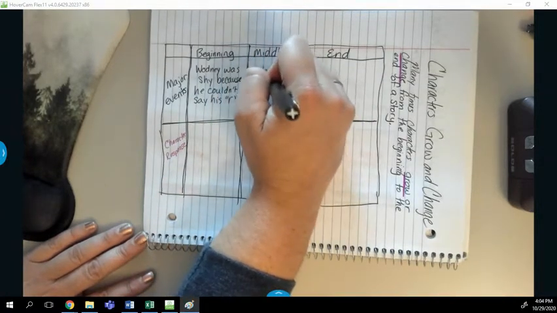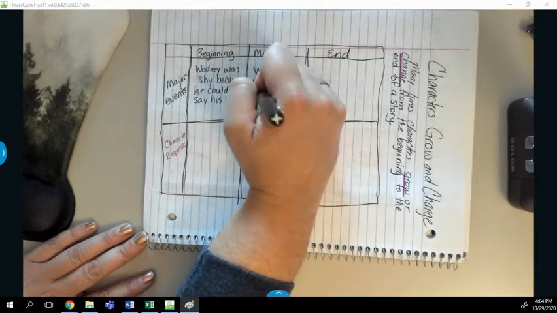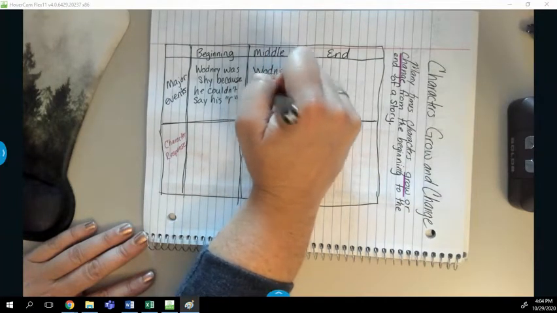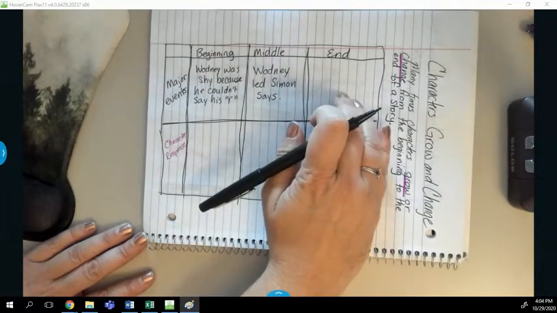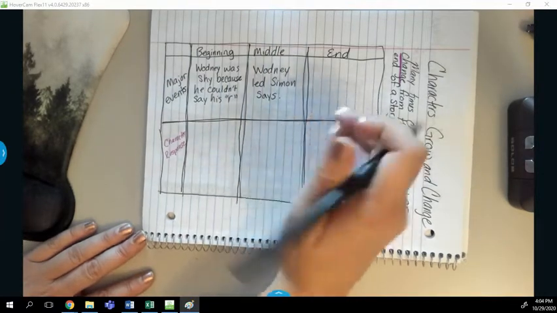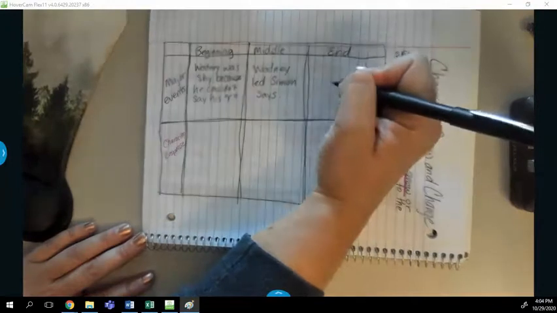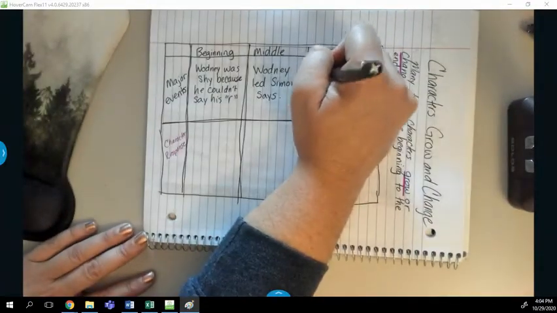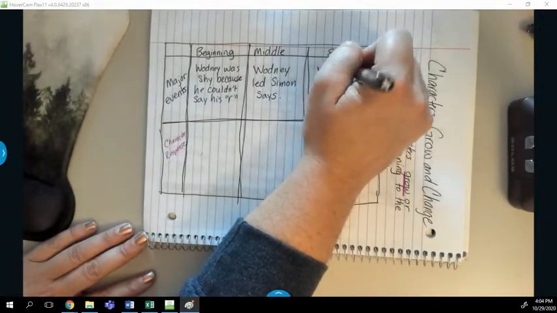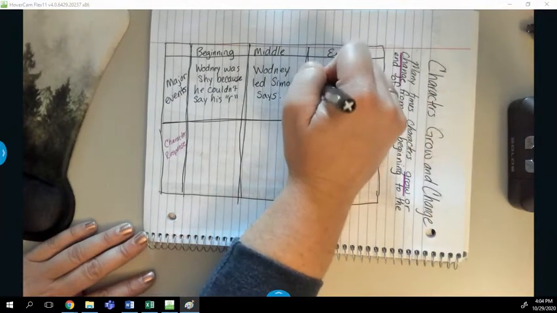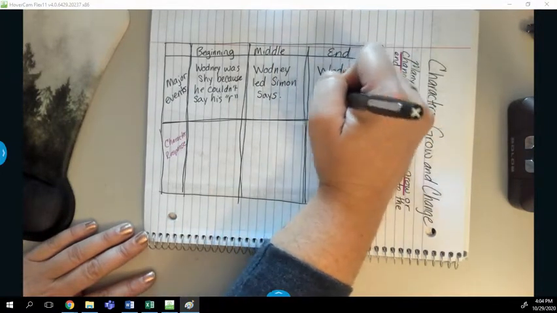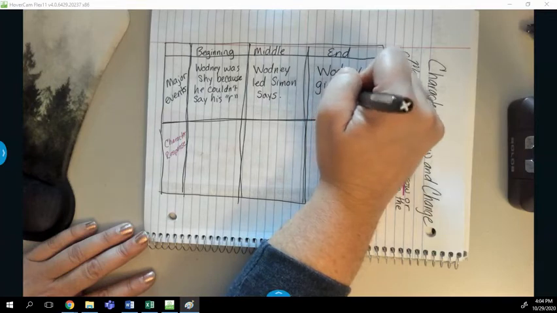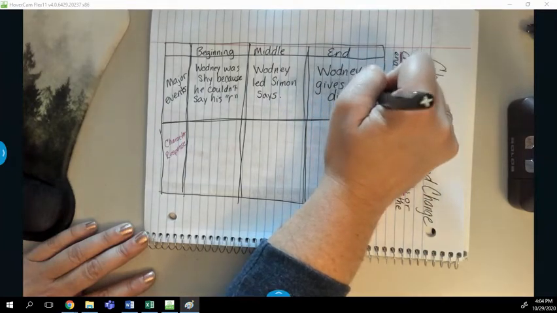So Wadney led Simon Says. And then at the very, very end, Wadney is already leading Simon Says. And so Wadney gives directions. I almost ran out of room there.